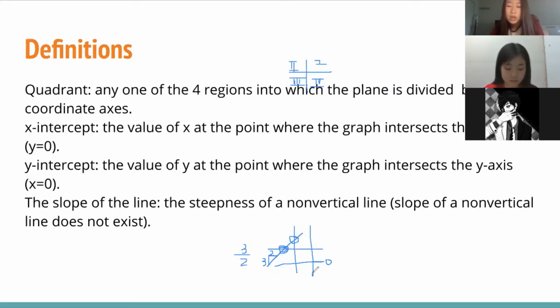But as you can see, this line has no run. Basically the line is not going anywhere horizontally, so the run would be 0, and if the denominator is 0, it would be undefined.